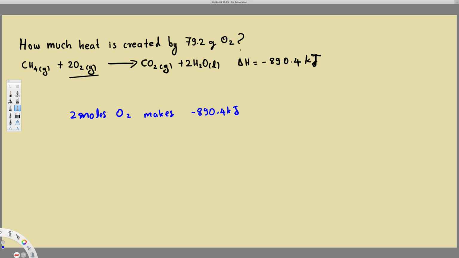To find that, we can use the molar mass of oxygen. If we divide this mass by the molar mass, that's going to give us the moles. So let's calculate the moles we are using.